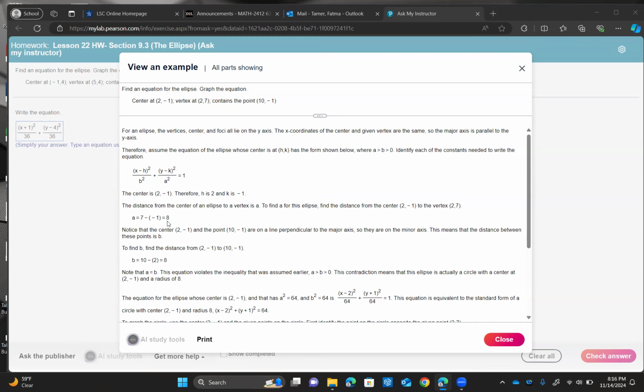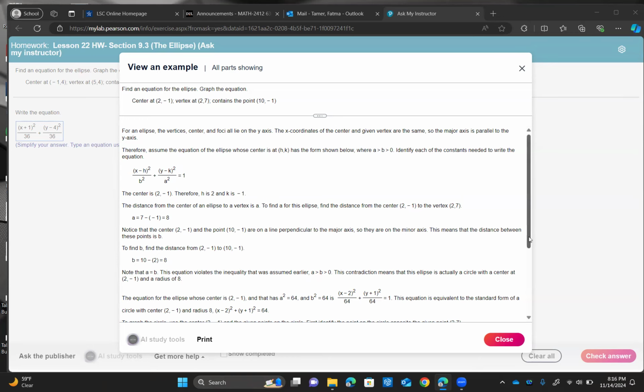So the a value is the distance between the center and the vertex, and the b value is the distance from the center to the given point. Here a and b are equal to each other, so this violates the inequality that was assumed earlier, which is a greater than b and b greater than 0.